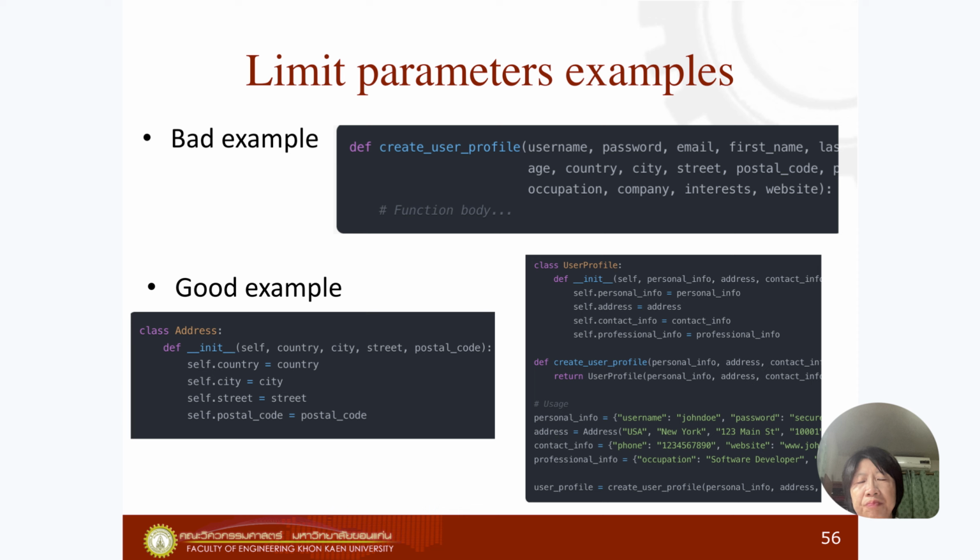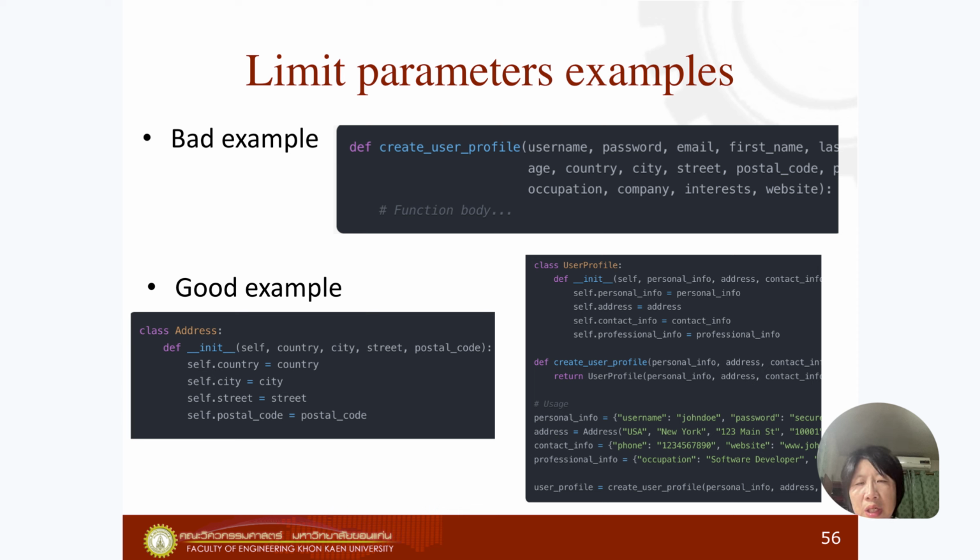And on the top of the example, we can see that is the bad example in terms of just having many parameters required for this function.